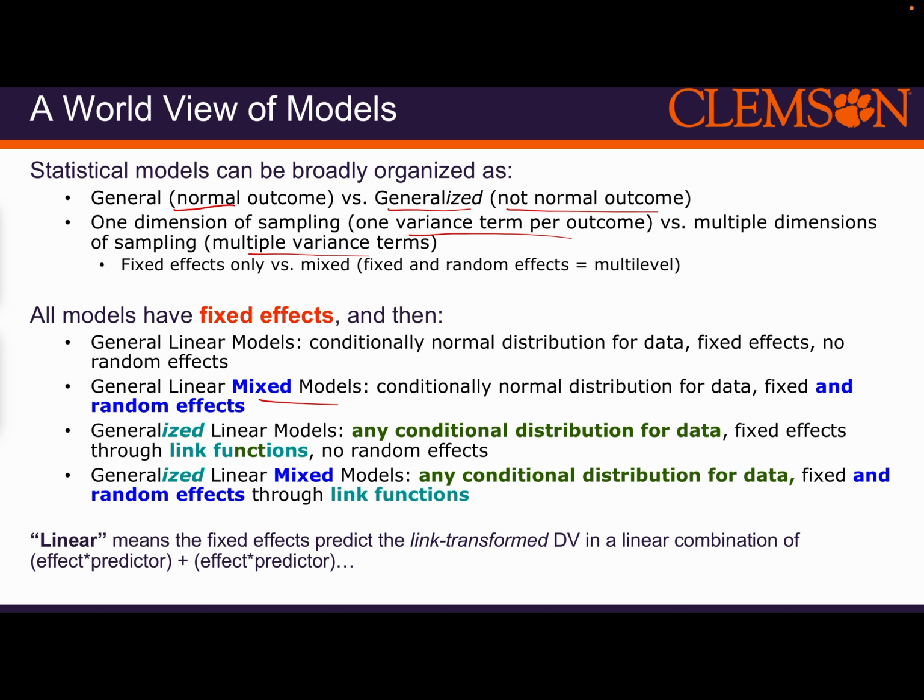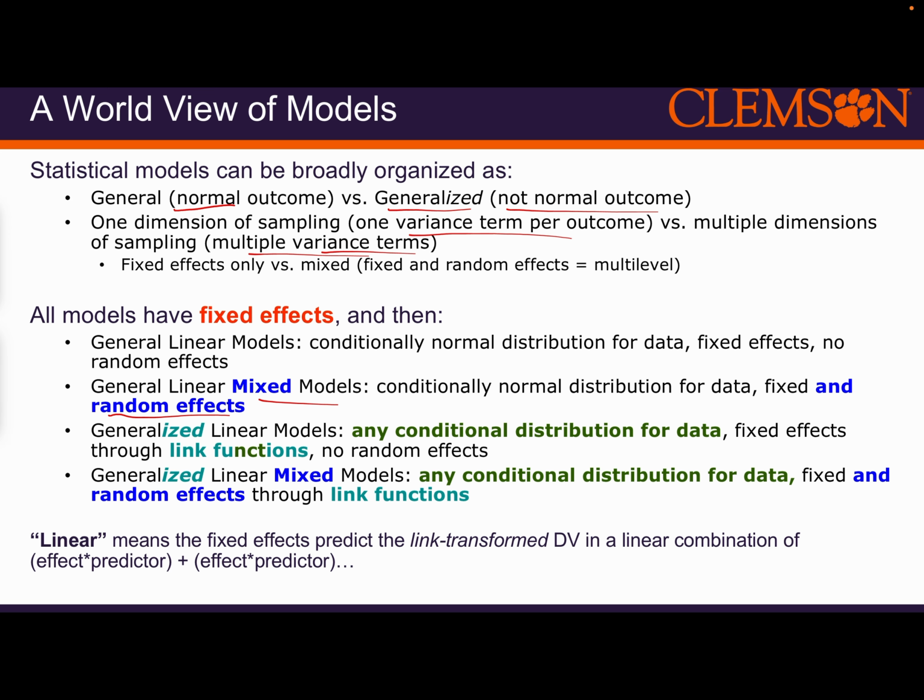And those random effects typically have more than one variance term. Let me add more than one variance term to the model itself. So you may have a random intercept that has a random intercept variance that represents another dimension of sampling. For instance, students nested in classroom, they would have an overall error variance, a level 1 variance that we would normally think of as our normal term, but you also may have a variance of classes across that intercept itself.